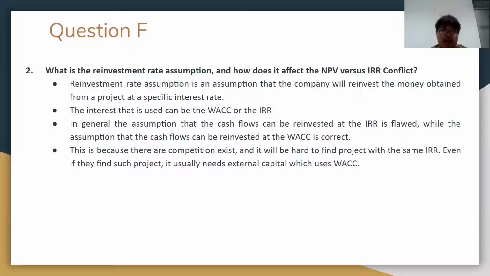The reason why reinvestment at IRR is flawed is because there are competitions. If the IRR is very high, it will be hard to find a project with the same IRR because everybody will start going there. And even if they find such a project, it's usually pretty big, so they need external capital. And that external capital will use WACC.